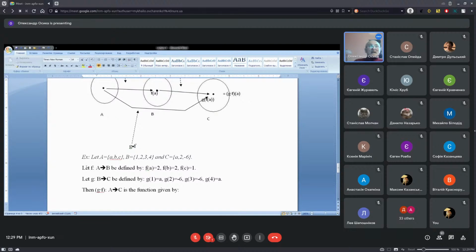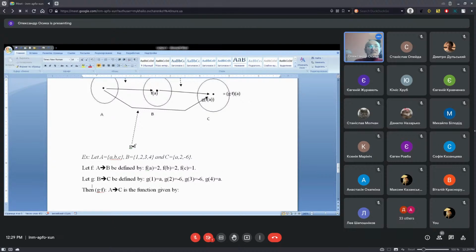Let f be defined by pairs: f of a is 2, f of b is 2, f of c is 1. So we use only the elements 1 and 2 from B, and we mentioned all elements a, b, c from A.